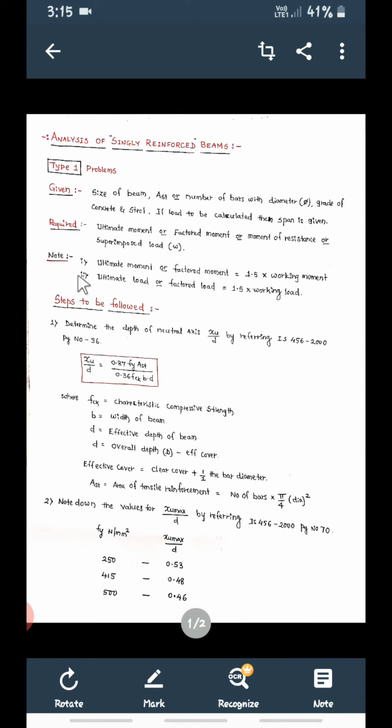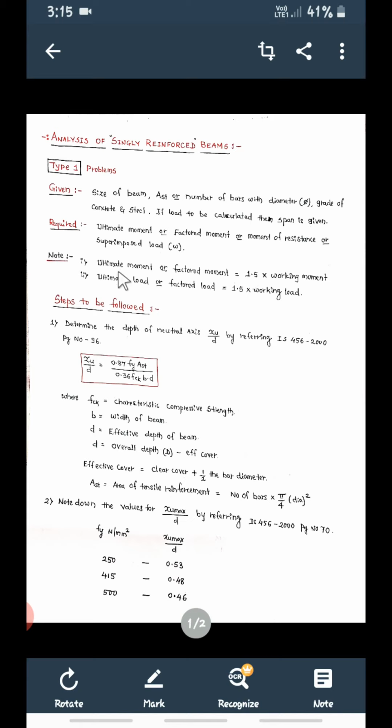Please note that ultimate moment or factored moment is equal to 1.5 into working moment. Working moment means M. If I write capital M, it is working moment. If this capital M working moment is multiplied by the 1.5 factor, then it becomes Mu.